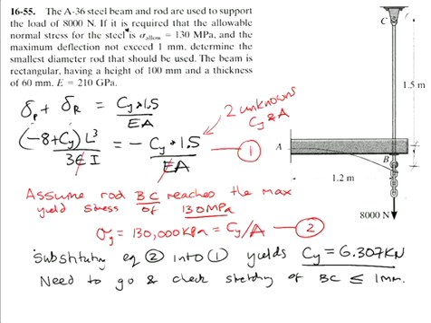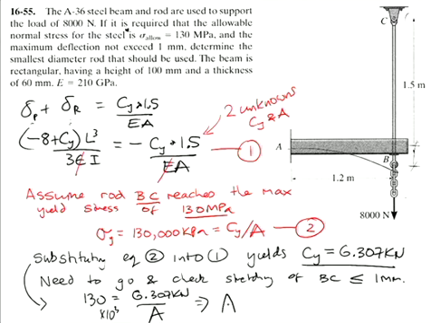So, based on this equation here, we can work out our stress 130 is equal to our CY force of 6.307 kilonewton divided by our area.